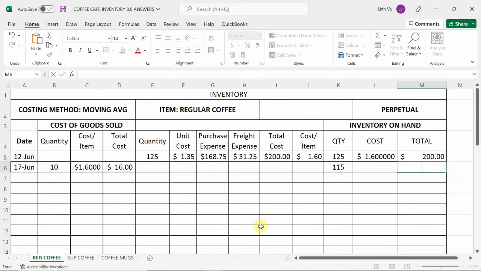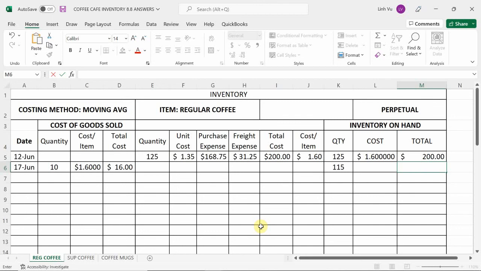In this case, can I use 1.60? I need to know what my average cost per item is. So when I'm doing moving average, I have to constantly calculate what the average cost per item is at all times.